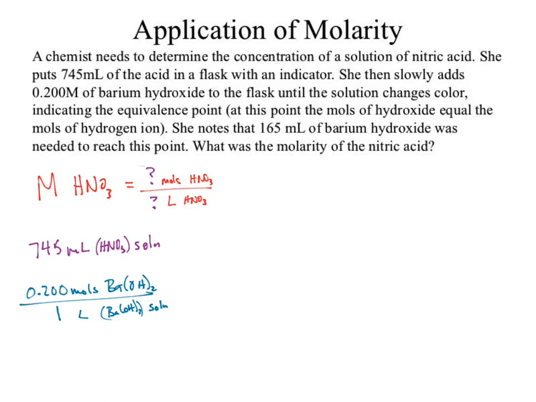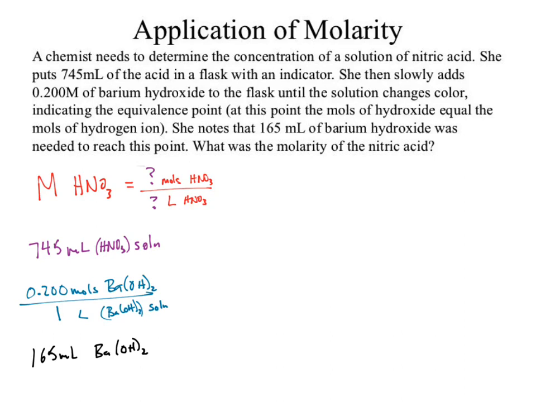So we have to be careful to make sure we don't overlap those incorrectly. What other given information do we have? We're also given 165 milliliters of barium hydroxide. So just writing down the given information, you'll note I've actually already done some interpretations. Some questions had to get answered right away.